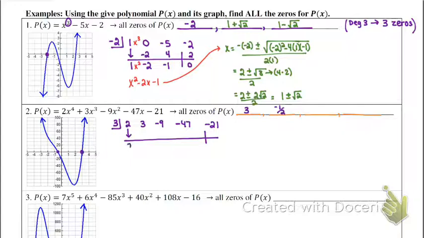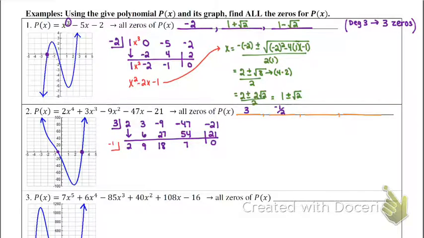And I'm going to go ahead and bring down. Yeah, remainder of 0, so I'm good with the first one. That's my check. And now I'm going to move to the other one.